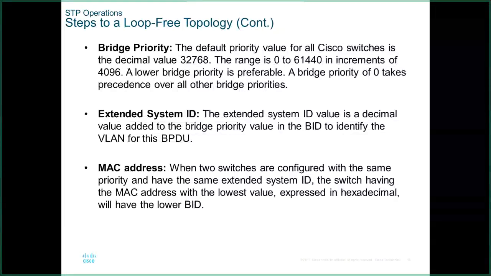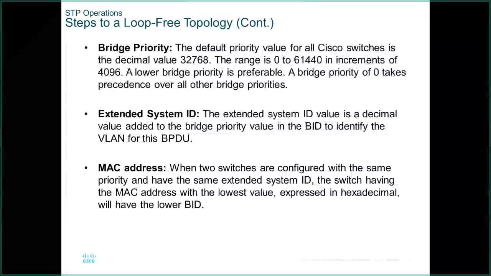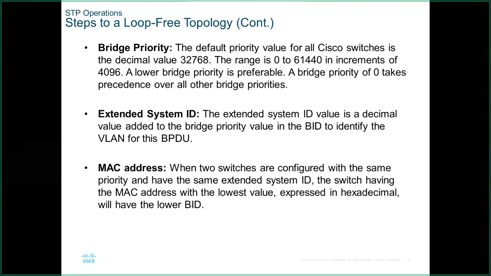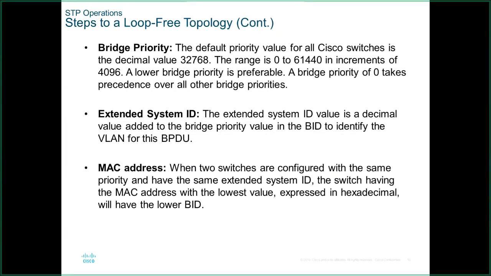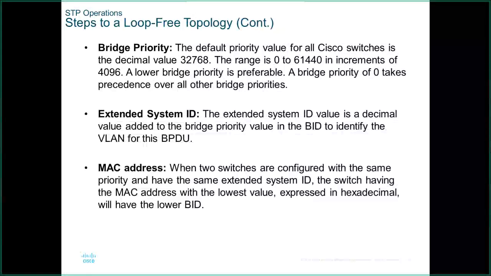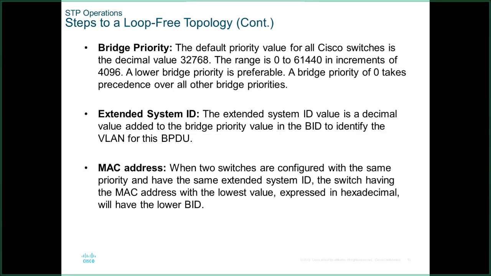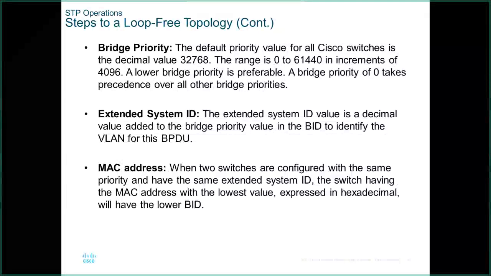Alright, so the default value is 32,768, and again, that's one of those key values that you need to know. The lower the priority, the higher the precedence that switch has. Okay, so for a root bridge to occur, it has to have the lowest value in the bridge ID.